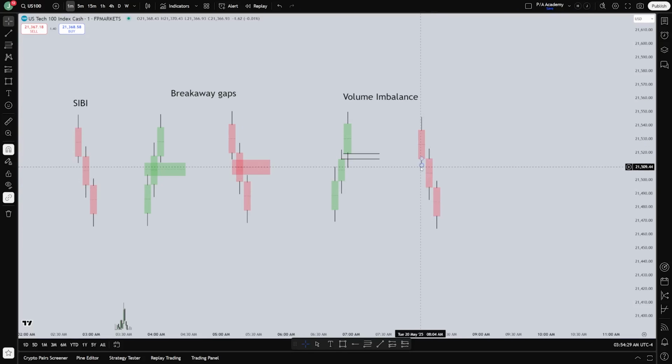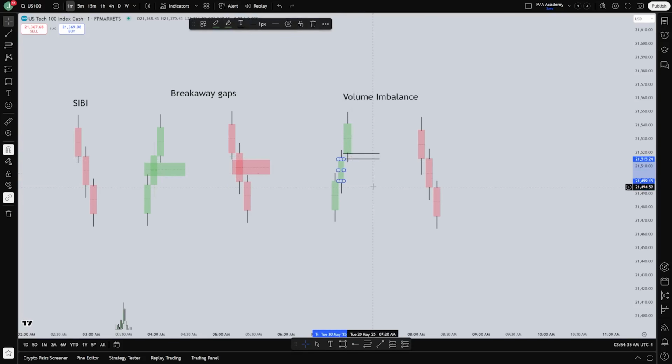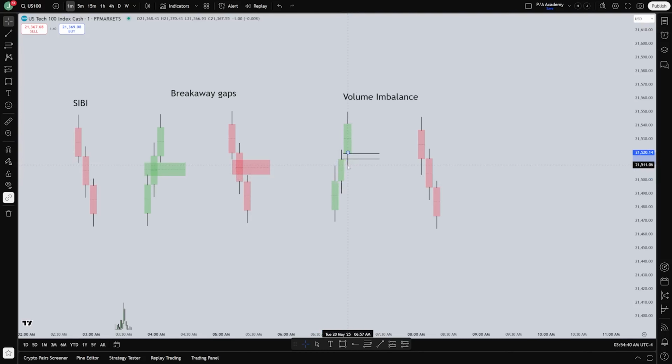Same to the downside. Don't get me wrong, there could still be a fair value gap here, and you just take the trade based off of this and not the fair value gap. So it's whatever you prefer. They're both gaps, so they both act as a magnet. They both act as an inefficiency in price. So whether you want to take a trade in here or in the fair value gap, it's really the same thing.